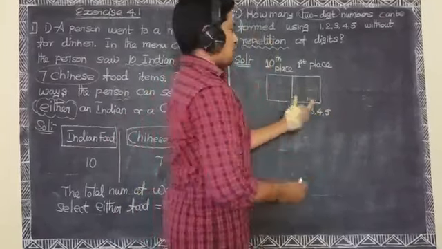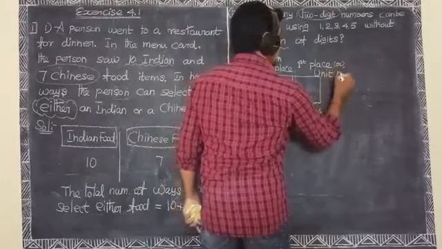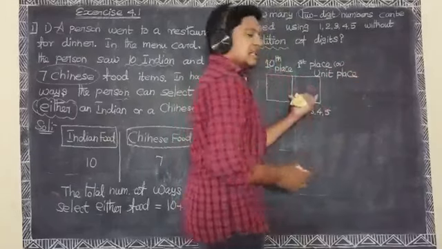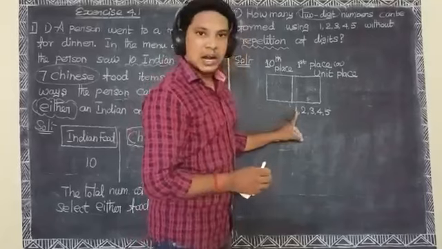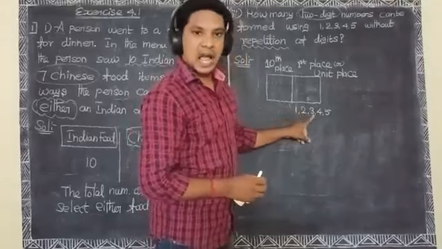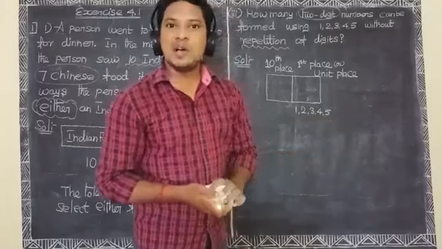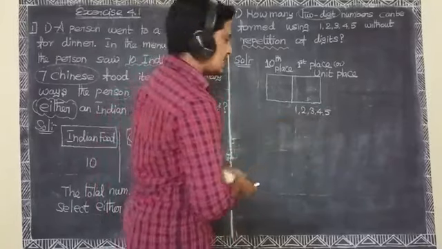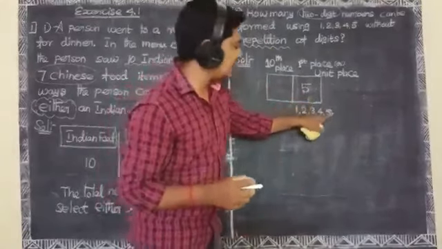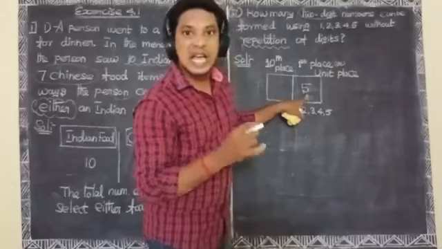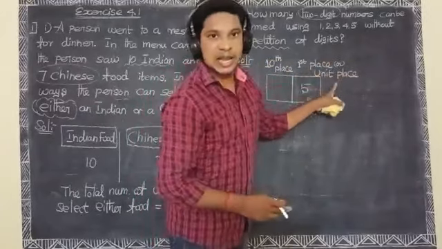The unit place can be occupied by the numbers 1 or 2 or 3 or 4 or 5. Then the total number of possible ways is 5, isn't it? 5 is the number of ways allowed in the unit place.